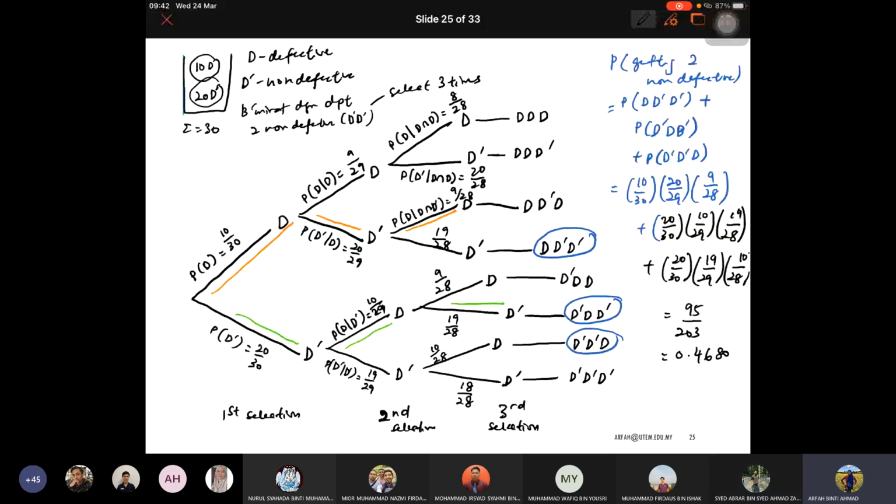Buat dulu. Nanti ni apa? Dan belum lagi.